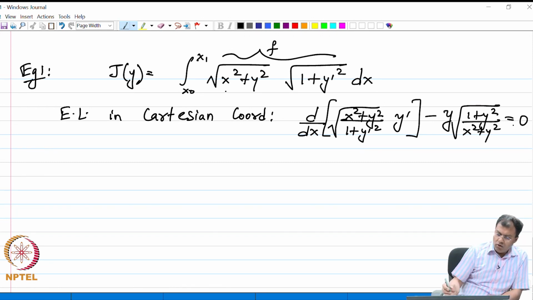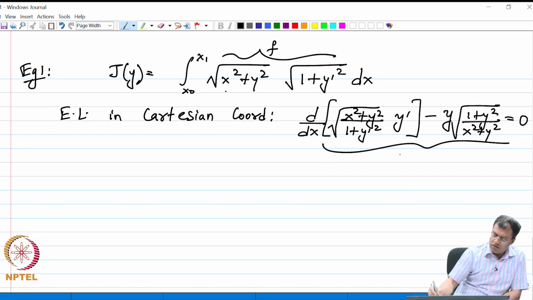So, notice that this Euler-Lagrange equation is a mess. This is extremely difficult to solve. So, this equation is difficult to solve, right.